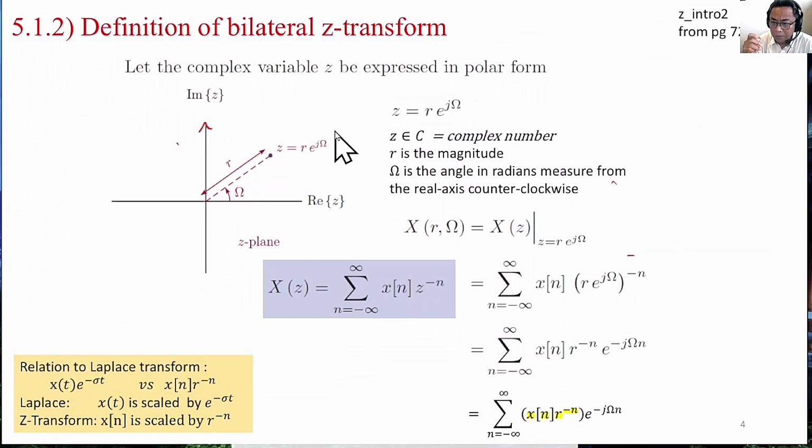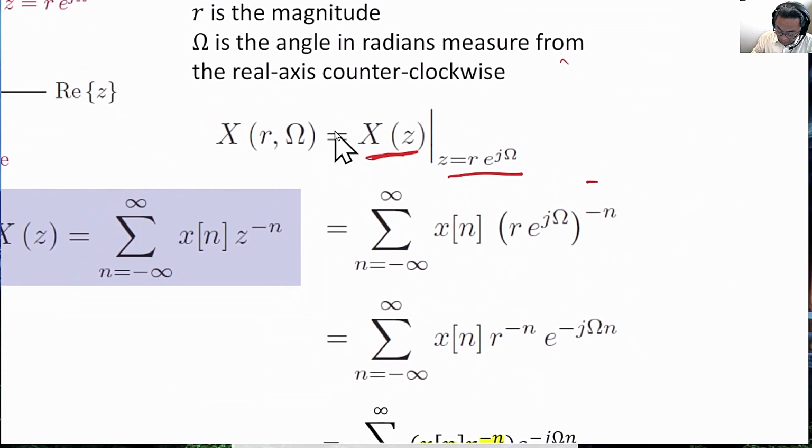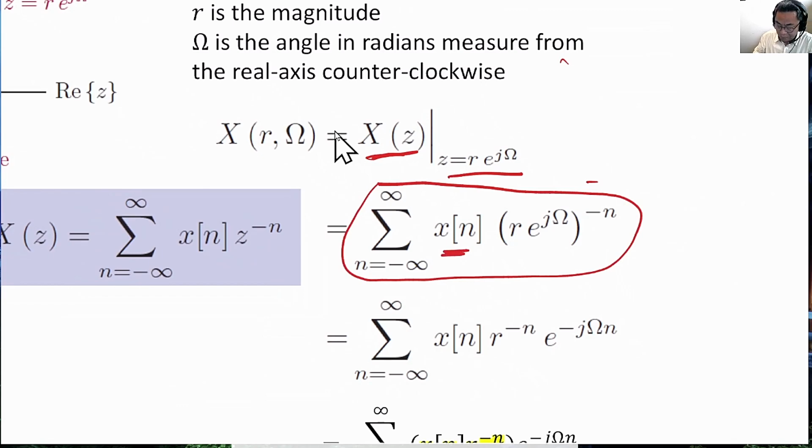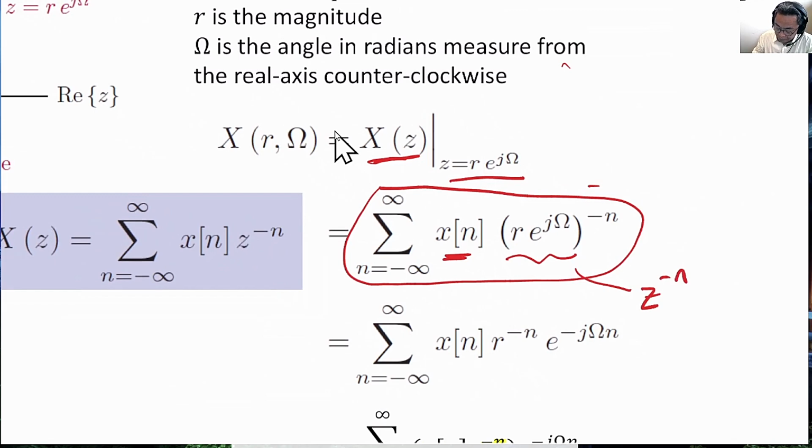Now we're going to manipulate this equation a little bit. X of z, for different z, where z is r e^{j omega}. Well, if we substitute it into the expression of the z transform, which is the input x of n multiplied by z, and remember, it is not z but z to the power minus n. Okay, now if we represent z as r e^{j omega}, we can open up the brackets to distribute.